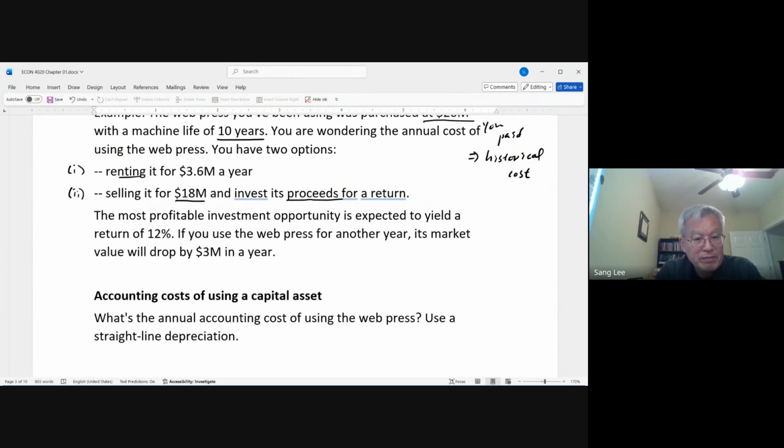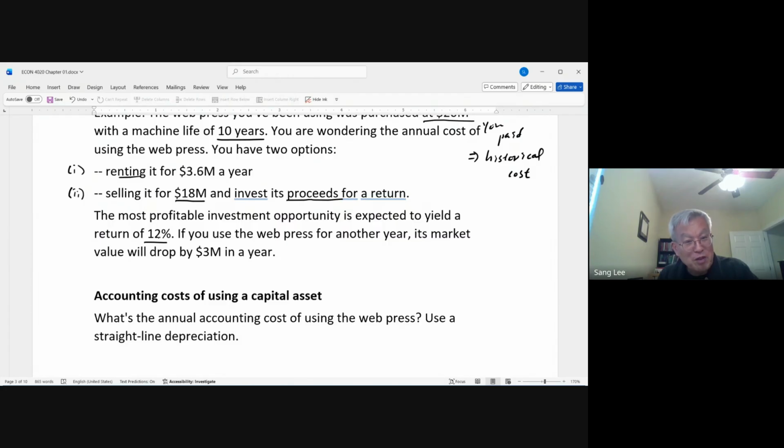Okay, and then you think the most profitable investment opportunity you have is expecting a return of 12%. Now, accounting cost may be the same for everybody, but opportunity cost may not be the same depending on who you are. Suppose I am given $18 million.